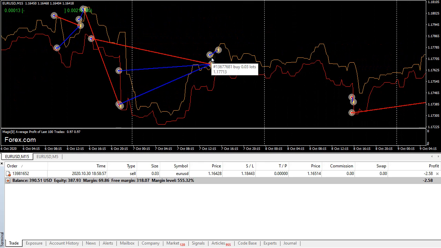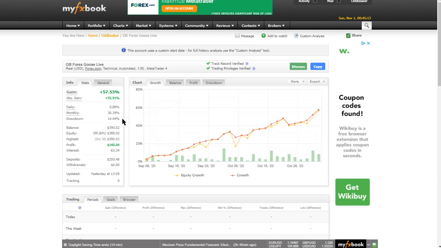But even so, let's go back to the Myfxbook real quick, right? See this right here? That was the hit I took. So I went from 33% profit to 26, almost 27% profit. And then it took, let me see, 4 days to recover and get back above the high water mark.